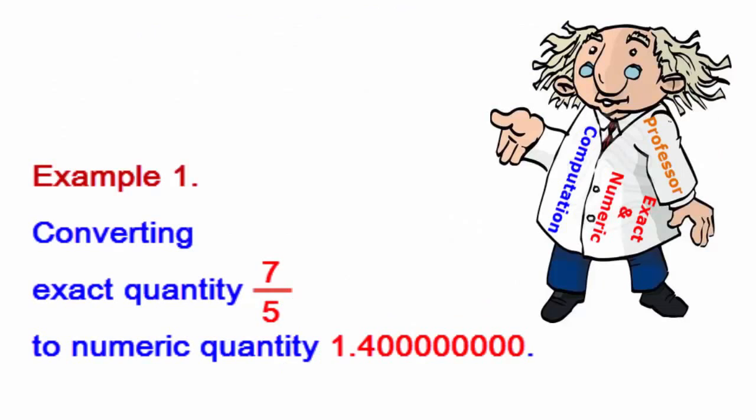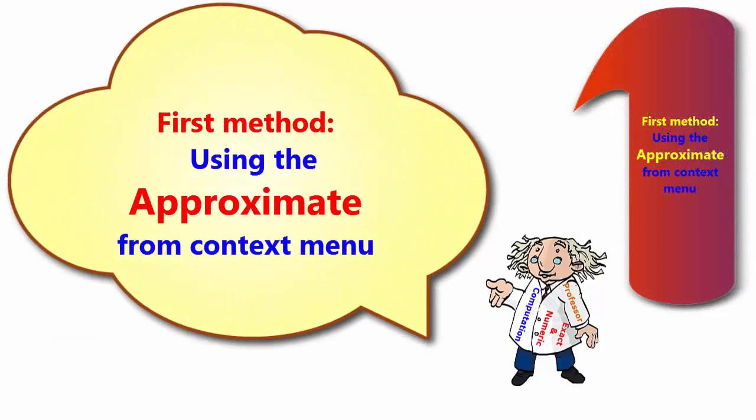Example 1. Converting exact quantity 7/5 to numeric quantity 1.4000. The first method, using the approximate from context menu.